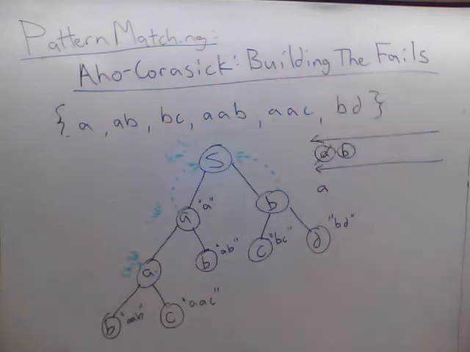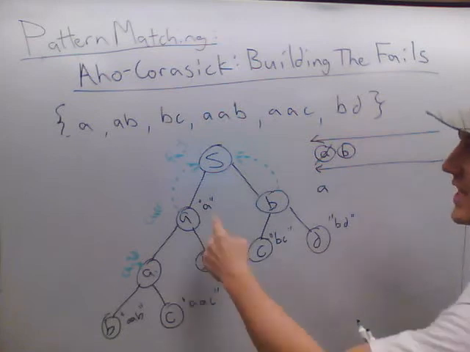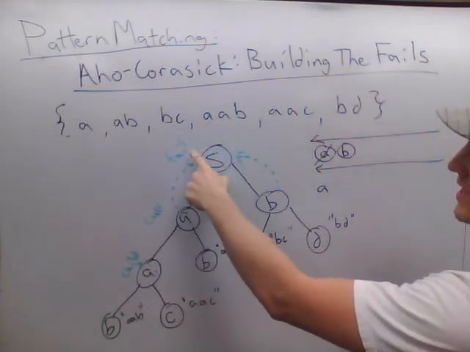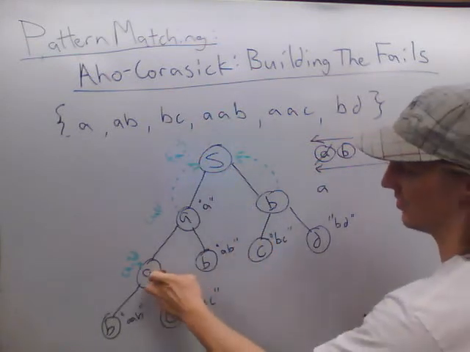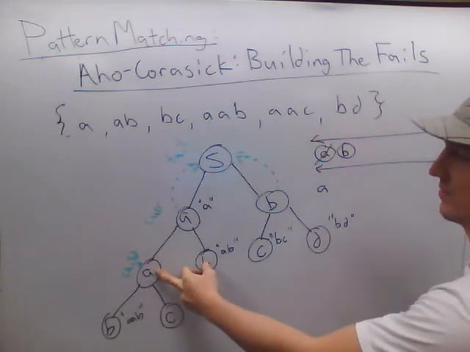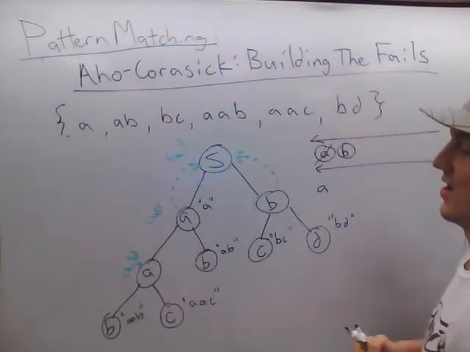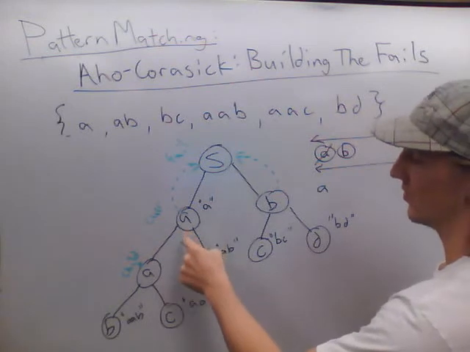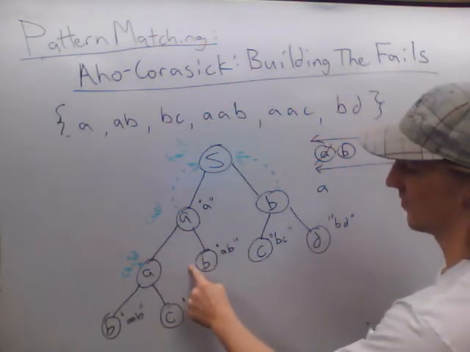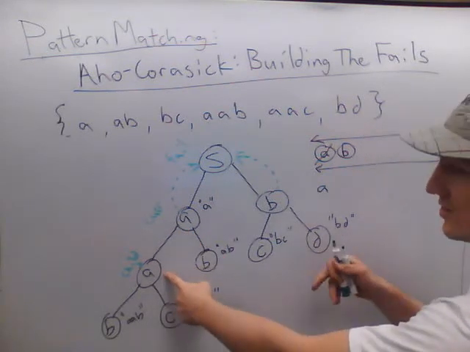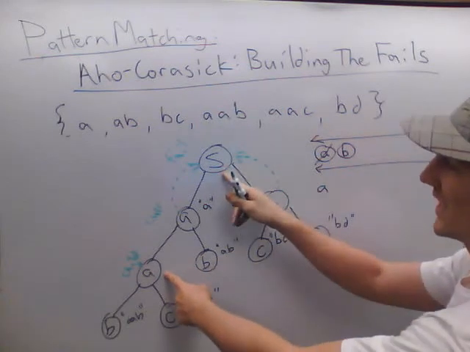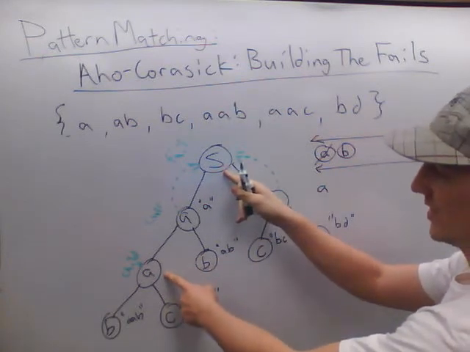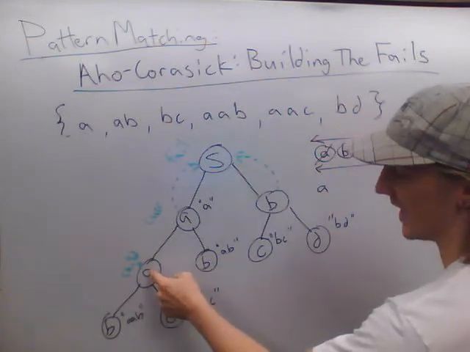For each of the current node's children, we're going to look for the closest ancestor, starting at the fail node, that has a child with this character.